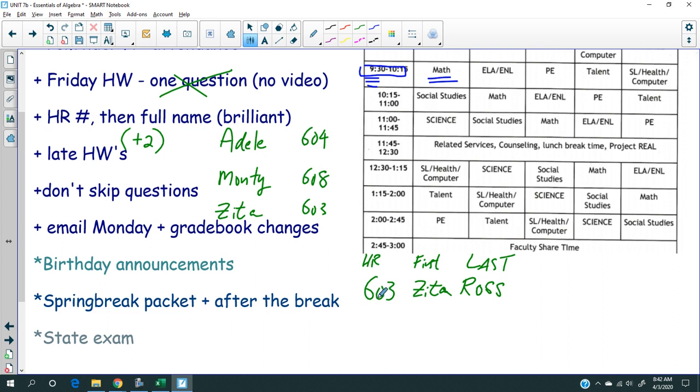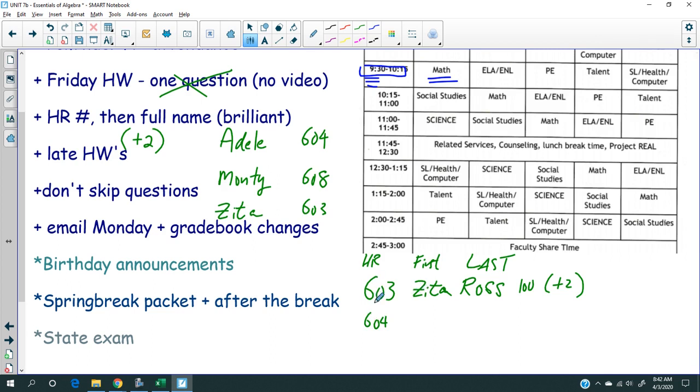You will get 2 extra points on the quiz, and it's very easy for me to put it in because your grade is gonna be right next to your name, and then I can just add the points right there. So, for Adele. The reason why I do that is because if you do that, then it won't alphabetize people by their first name. It would alphabetize people by homeroom.